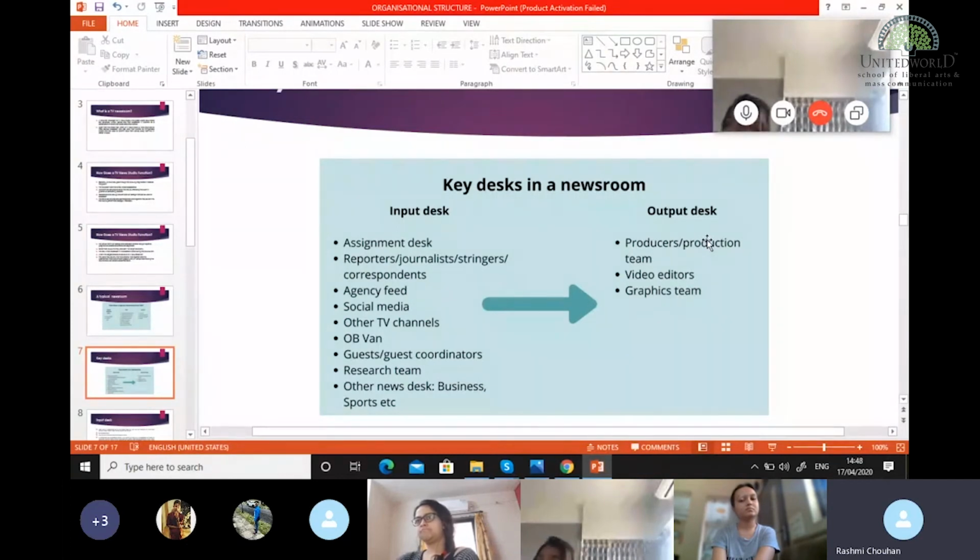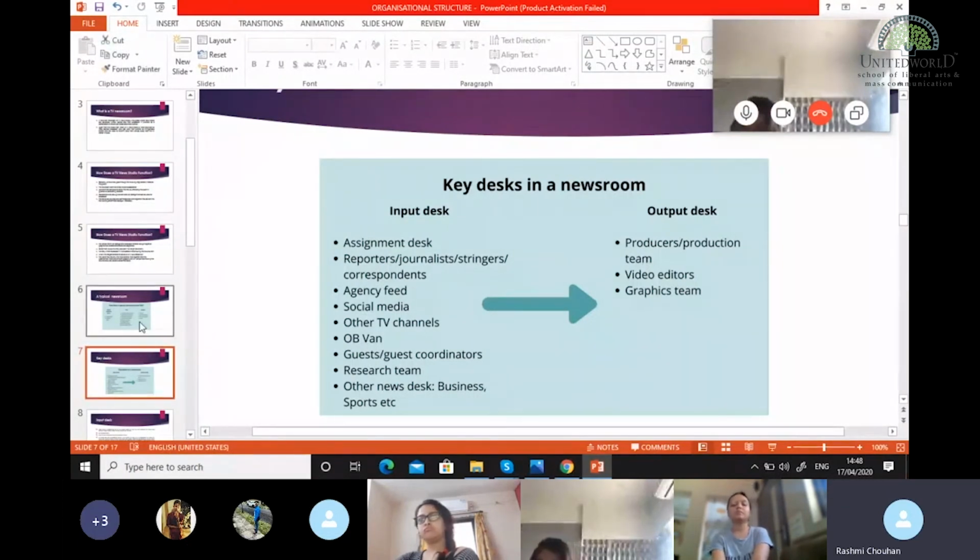Now in what form, in what way, how long, selection of news, it entirely rests on the discretion of producers. That's why I have shown this arrow over here. These are all input desk, which are responsible for bringing in the news to the news channel, and the output desk is about flashing all those news on our television screen.